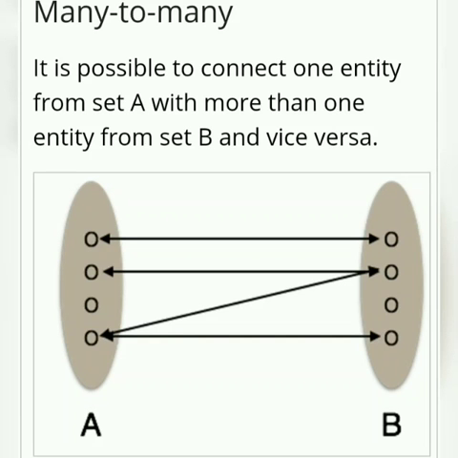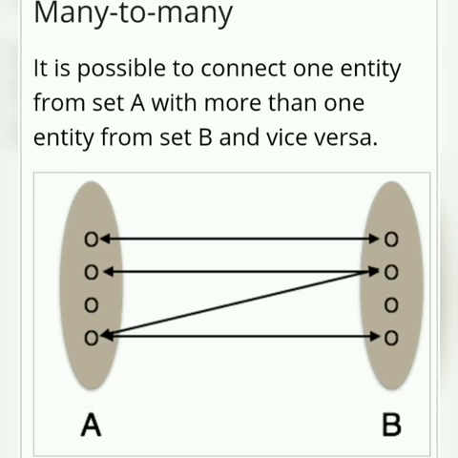Next we will see about many to many relationship. It is possible to connect one entity from set A with more than one entity from set B and vice versa. In this many to many relationship, we are relating more entities from the entity set A to more entities from the entity set B. That is many to many relationship.